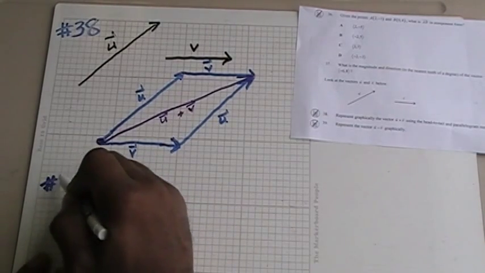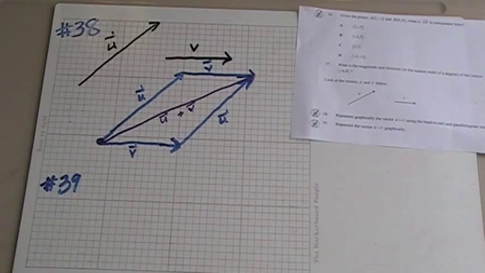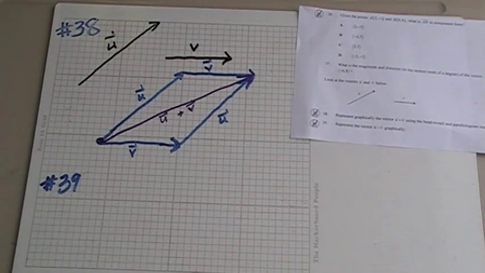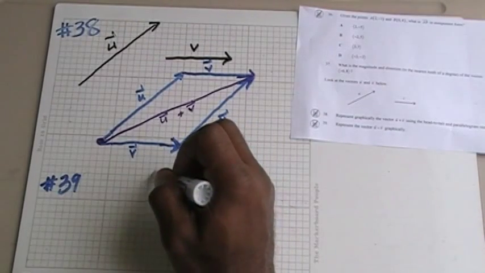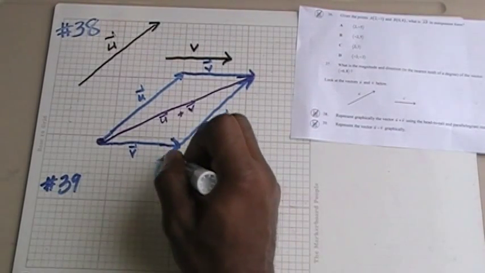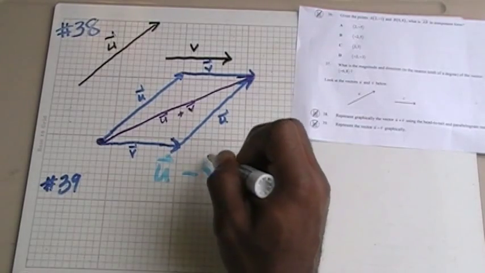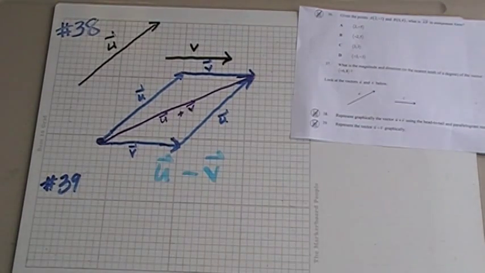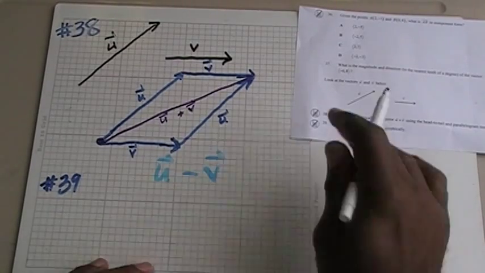Number 39 asks for vector u minus vector v. When we have a negative vector, we want to just go in the opposite direction.